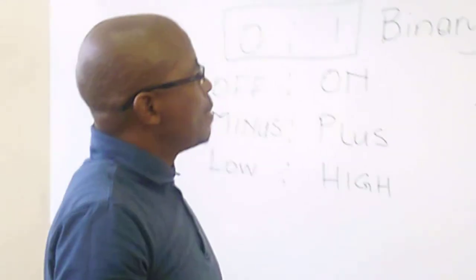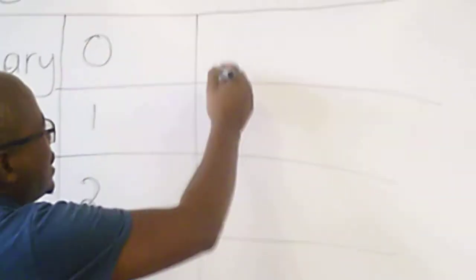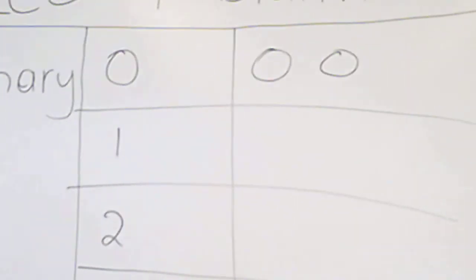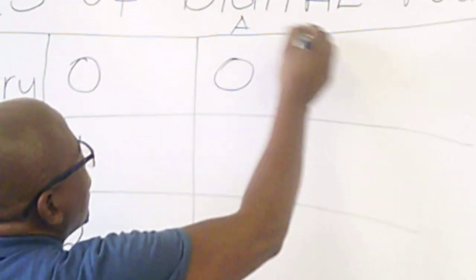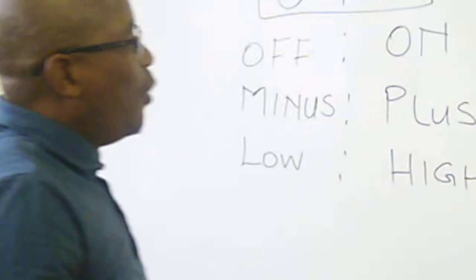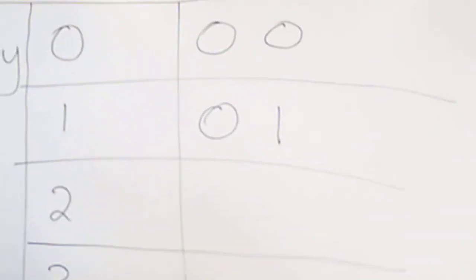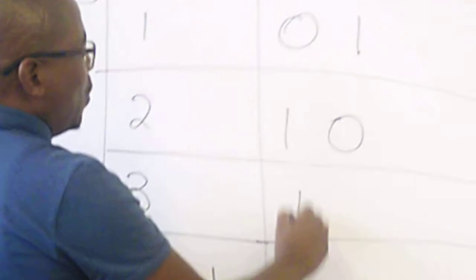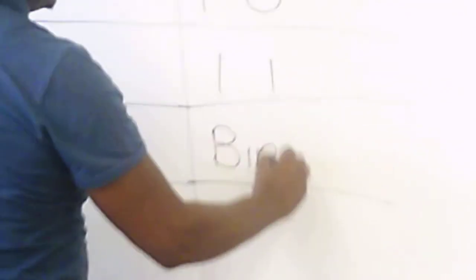We all know that 0 will be a 0. Let's say I have 2 inputs because it's a binary for now. I have A and B as 2 inputs. Now 1 will be a 0, 1. 2 will be a 1, 0. And 3 will be 1, 1. And we call this binary reading.